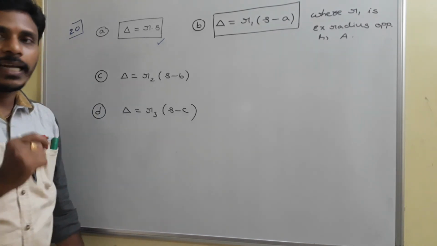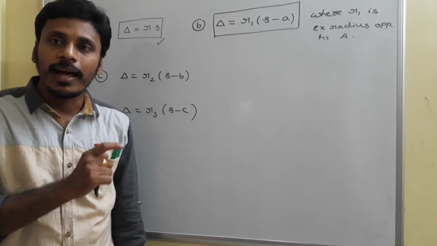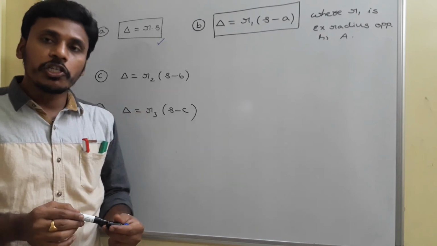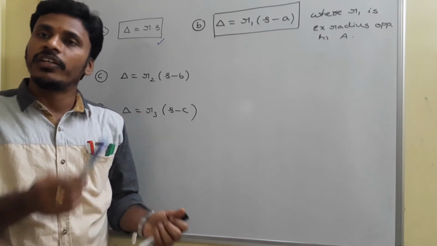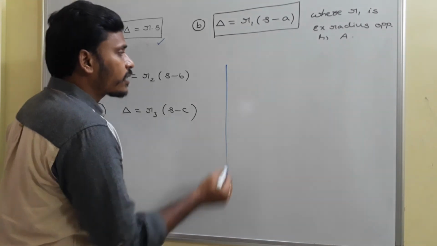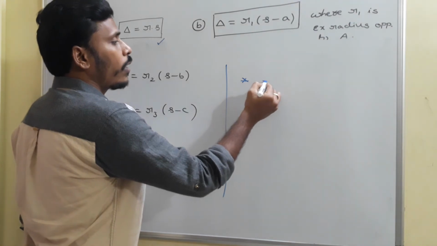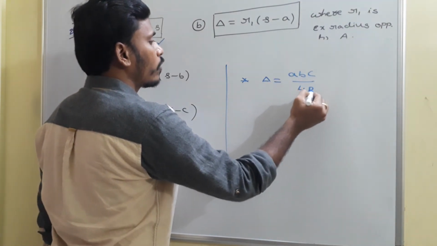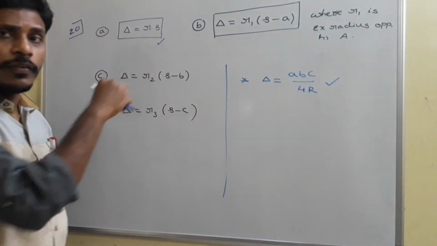So for the delta, which is the area of triangle, there are different formulas, and these are the 4 formulas which connect the area of triangle with the inradius as well as with the exradii. And in the last class I mentioned one formula. What is that? Delta is equal to ABC by 4R. Already it is given in the previous points.